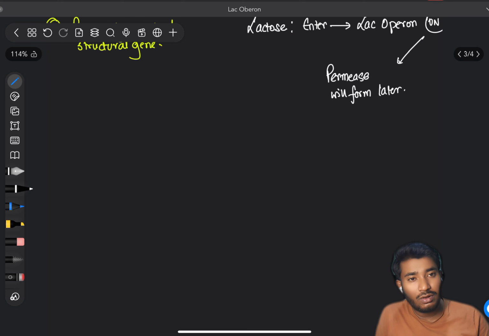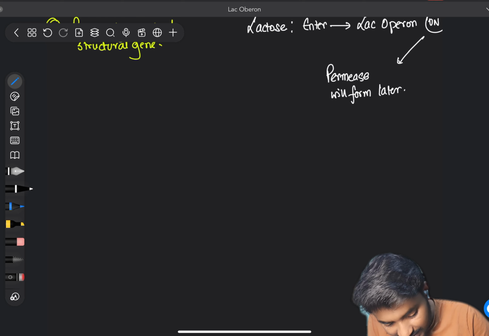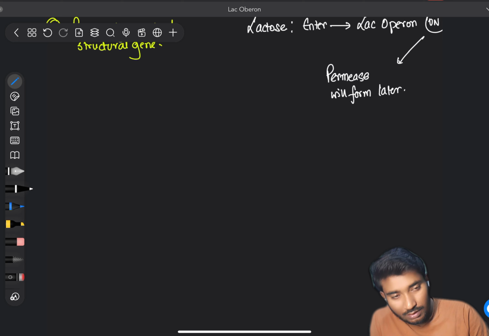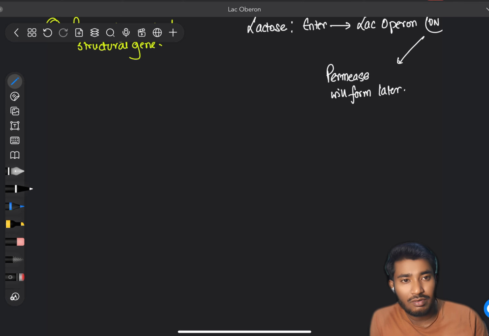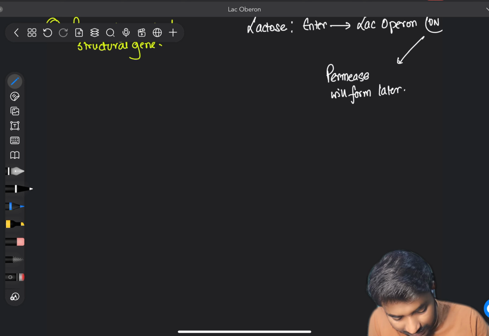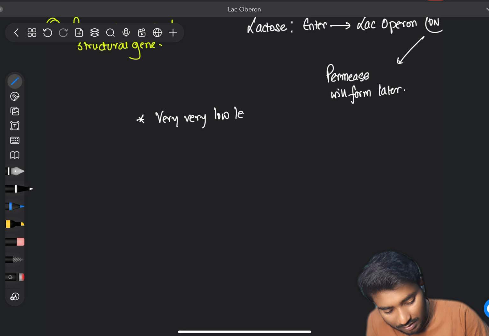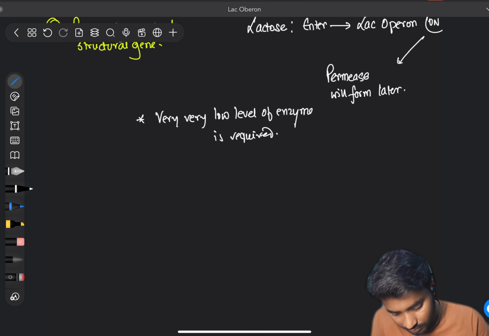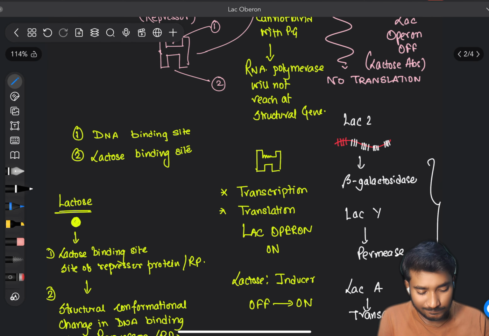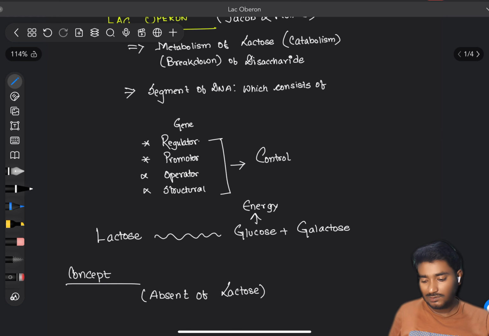A very low level of enzyme is present in bacteria. If a high amount of enzyme is present in the bacteria, then the lactose will not enter into the cell. So a very low level of enzyme is required. Okay.